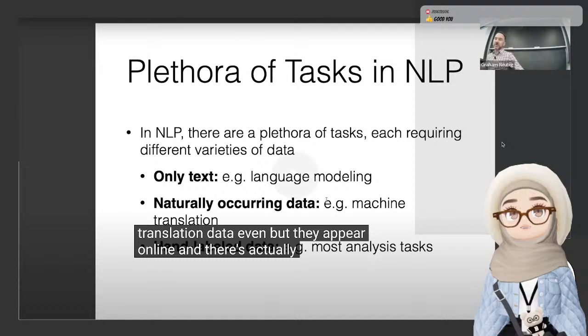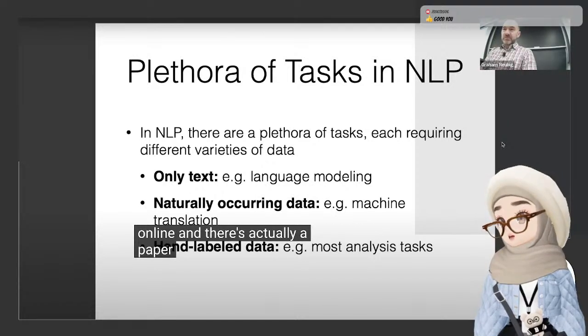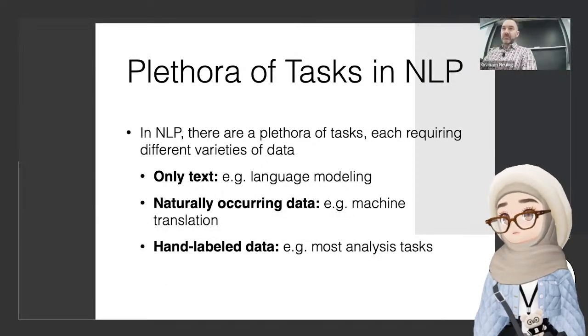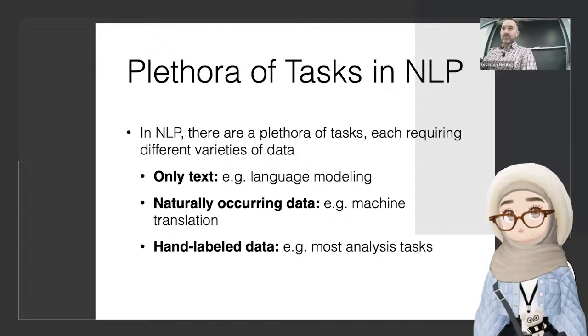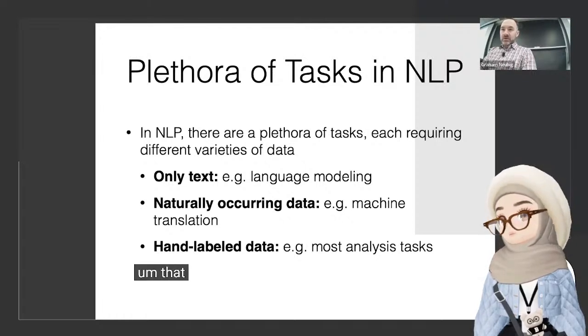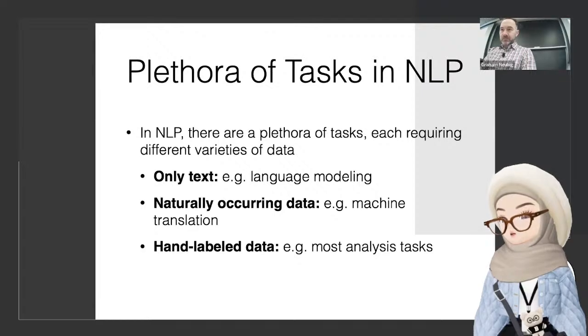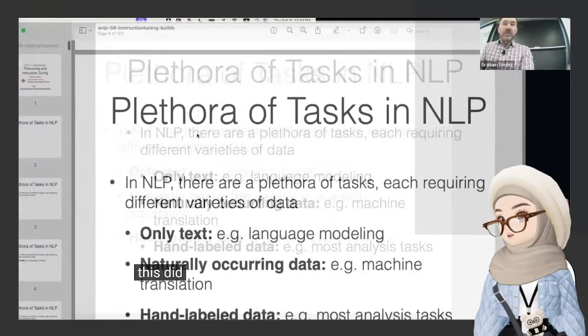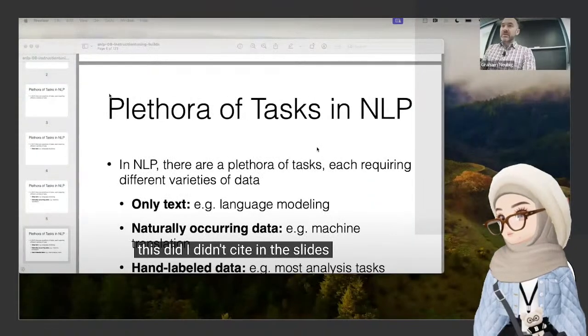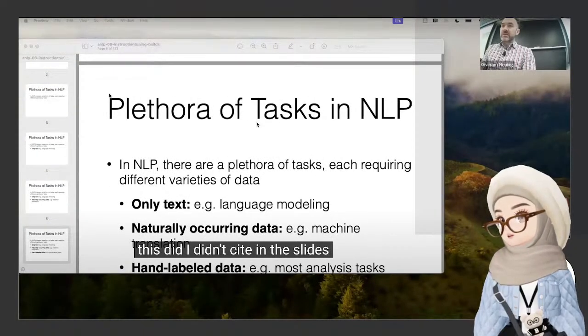Yeah. Actually, there is a paper that examines this. I thought that I didn't cite it in the slide. There are different types of tasks and they require different types of data.